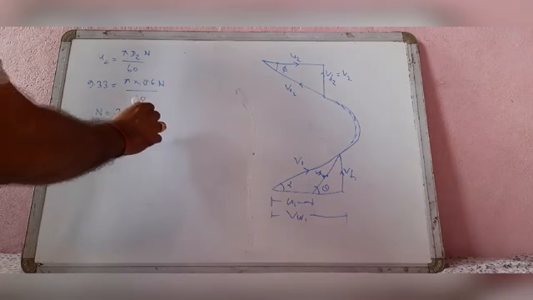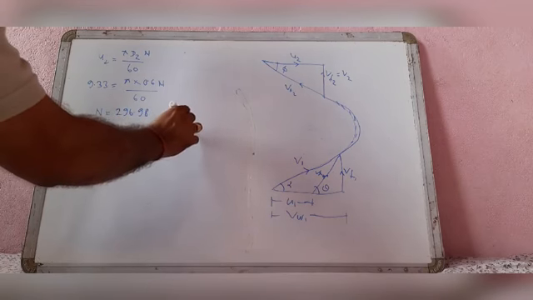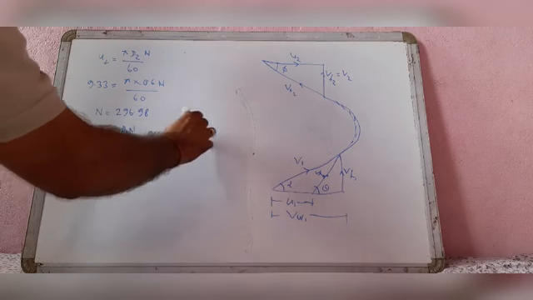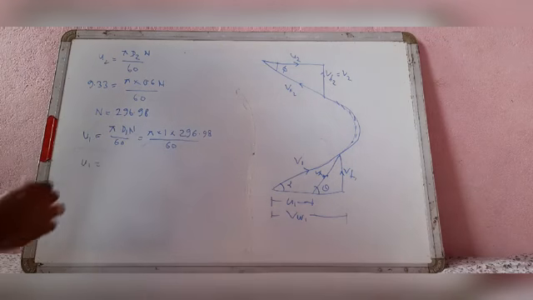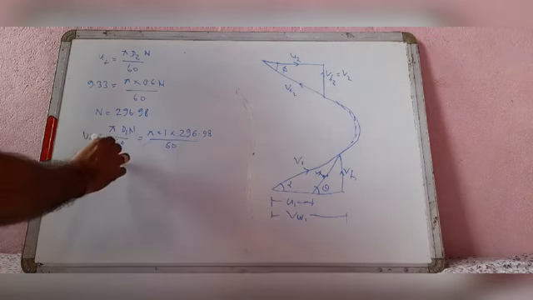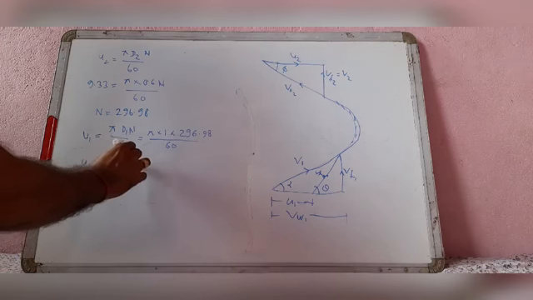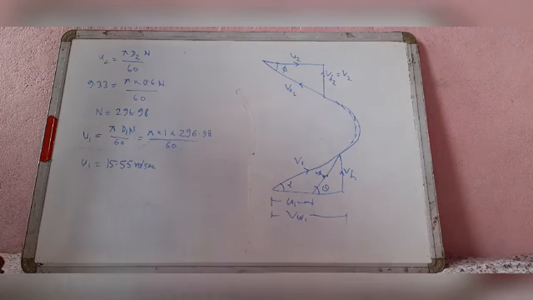Pi, D1 is given 1 meter, N is 296.98, and 60. So the value of U1 comes to 15.55 meter per second.